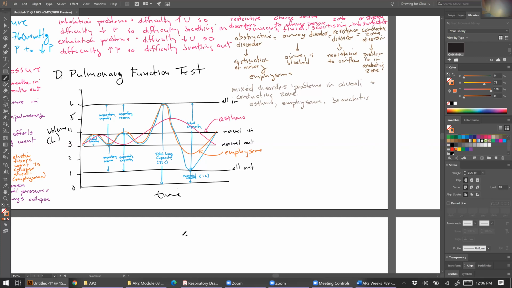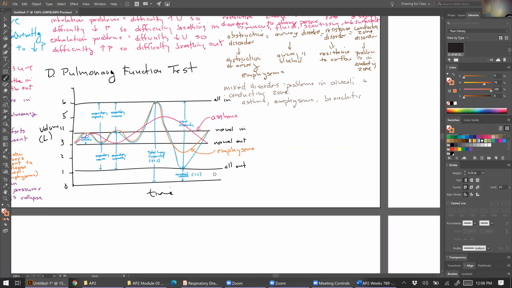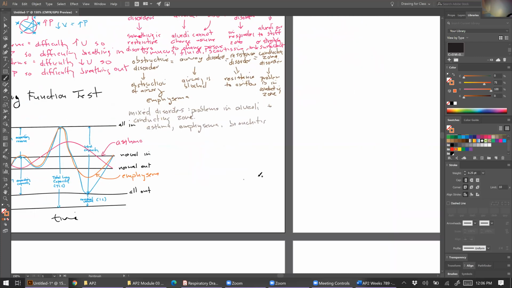Now, because asthma, technically some people with asthma, they can breathe in just the same amount of air. It just takes longer. So you have to do another pulmonary function test. And this one is called the FEV1 over FVC. So here, I'm going to draw another graph. This again is going to be time.